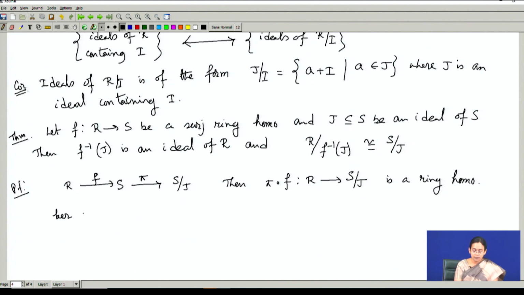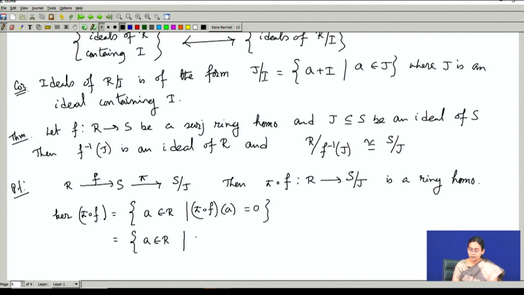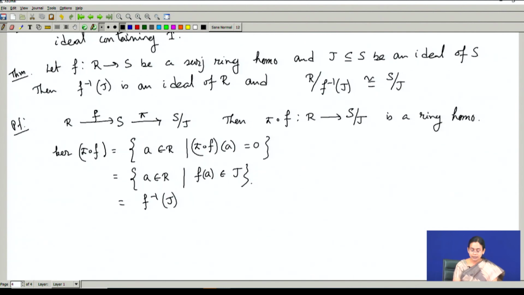And what about the kernel of this composition? The kernel is nothing but all the elements A in R such that pi compose F applied on A is equal to 0, where 0 is in the quotient ring S quotient J. So, these are all the elements in R such that F of A belongs to J. Therefore, this is nothing but the ideal pre-image of J. Therefore, all the hypotheses of the first isomorphism theorem are satisfied.